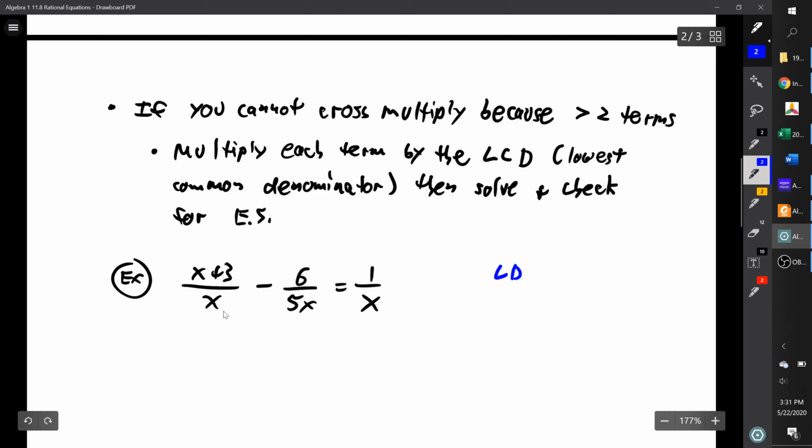So the LCD here is 5x. So 5x is the smallest thing that will get rid of all of our denominators. If we multiply each term by 5x, we will end up getting rid of all of our denominators.